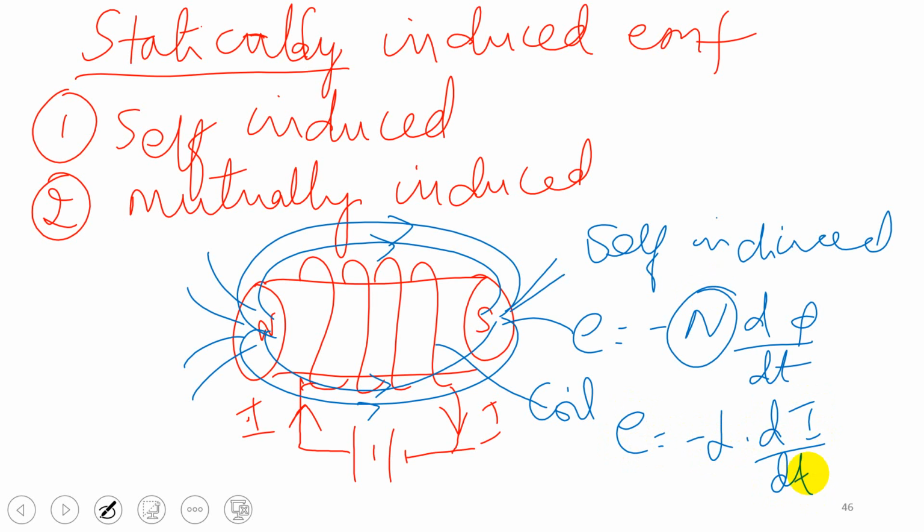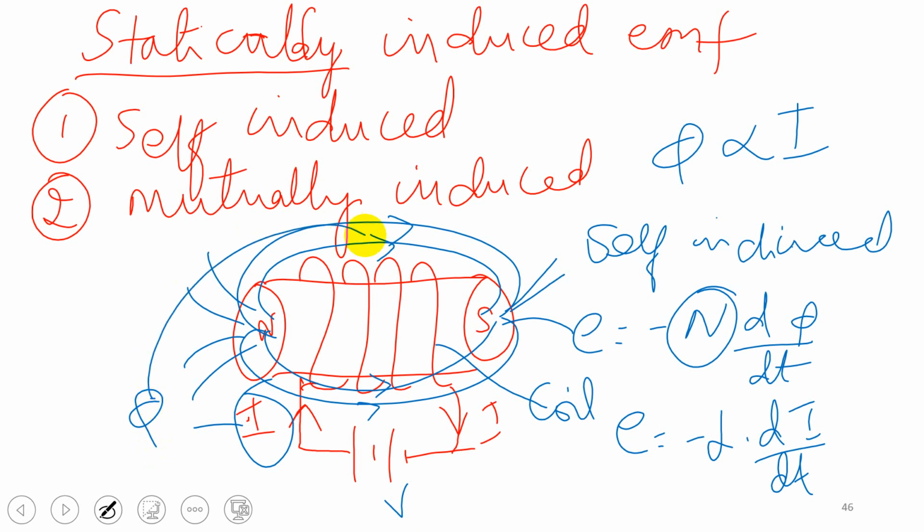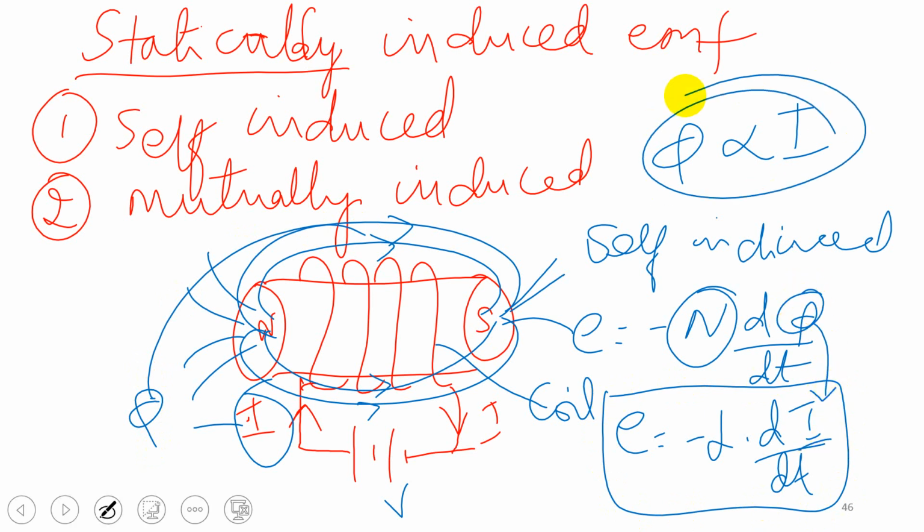Because flux is proportional to the current. When I apply a voltage, current flows, and because of this current flux is produced, and because this flux links the coil, the EMF is induced. So we write E is equal to minus L di by dt, where I replace phi by I because phi is proportional to I. This is about self-induced EMF.